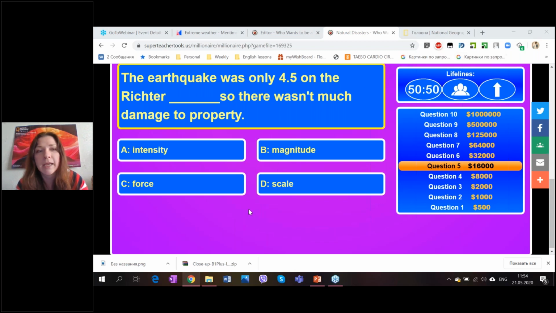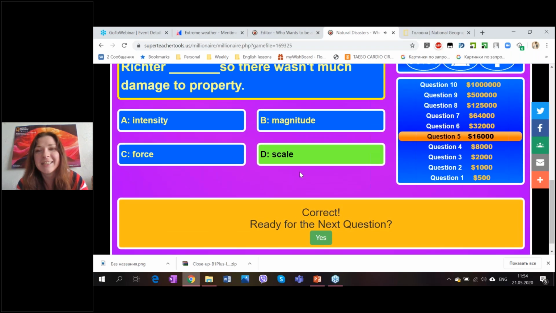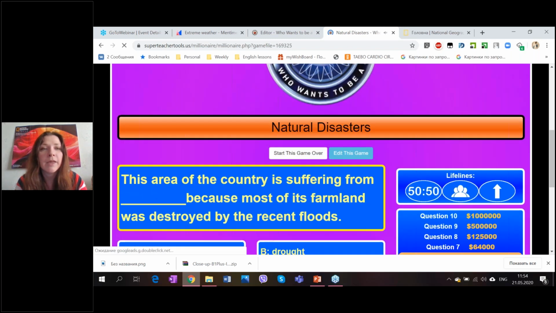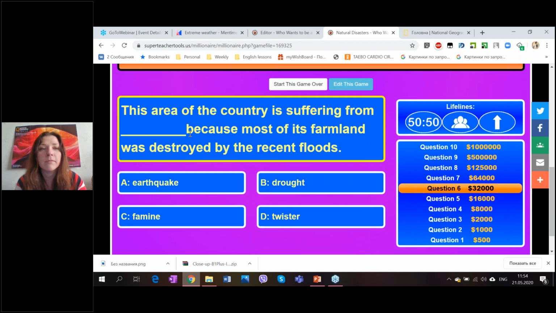Do you remember how we say it? Richter. Yes, some of you wrote scale, and that's right. Now, so halfway, let's move on. The area of the country is suffering from famine, because most of its farmland was destroyed by the recent floods.